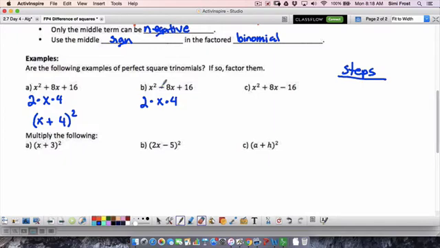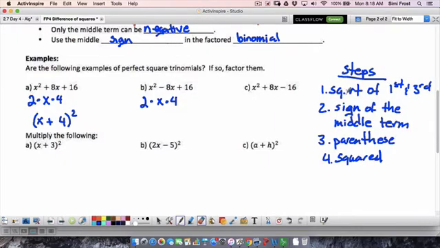Well, I have a negative on the middle term. So to actually factor it, really basic steps out here, but we're going to take the square root of the first and the square root of the last, use the sign of the middle, which is a negative, and then lastly, we're going to square the whole big set here.